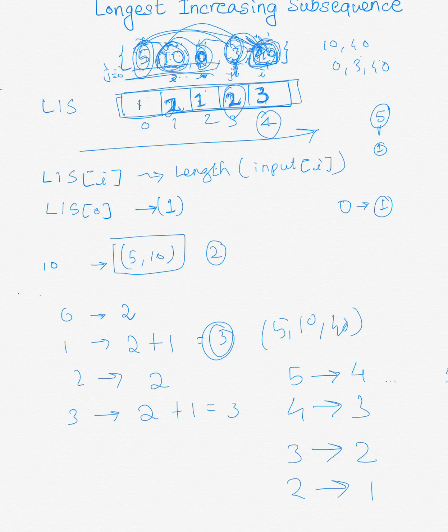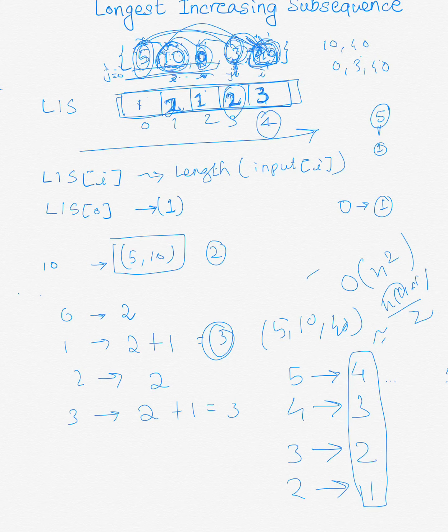So you can see this is nothing but the sum of natural numbers. This is approximately n into n plus 1 upon 2, or in other words n square. So this comparison will be order of n square. Still definitely much better than order of 2 raised to n.